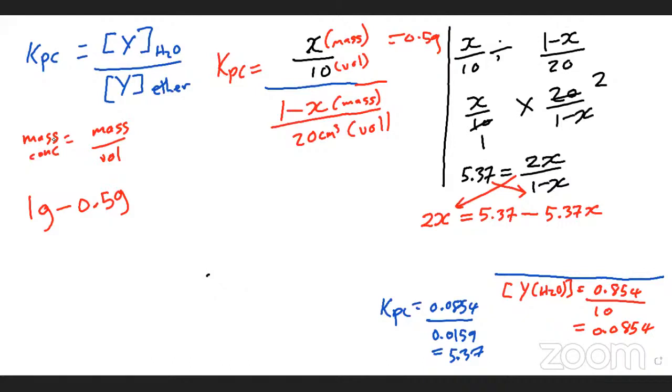Once I reach here now, we're basically almost finished. We're going to bring over the 5.37x to this side. It was minus. When you carry it over the equal sign, we're going to add it. So it would be 2x plus 5.37x is equal to 5.37.